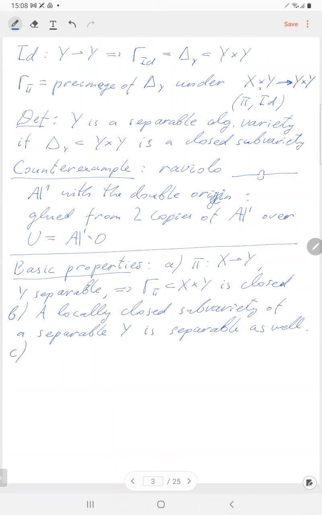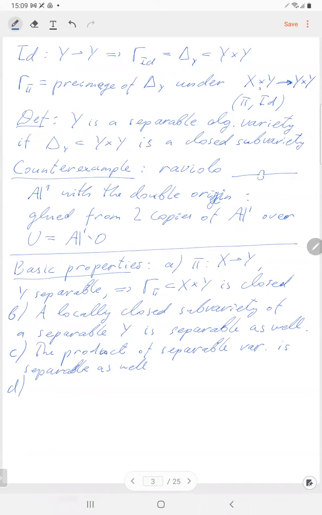And also the product of separable varieties is separable as well.